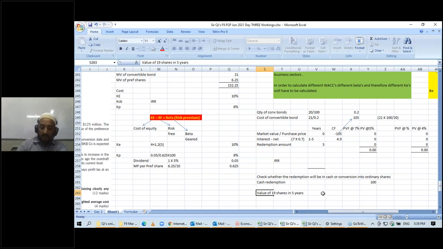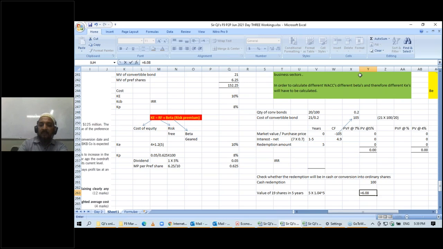So right now the market price of each share is $5. So $5 multiplied by 1.04 to the power 5. This gives you the market price. So multiply $5, which is the current market price of the ordinary share, by 104% for 5 times, because the prices are increasing 4% every year for 5 years. So this will make the market price 6.08.